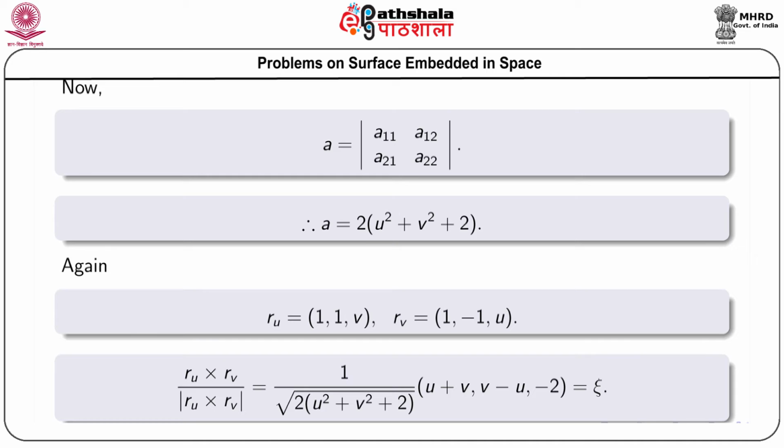So, we can find the xi, which is the surface normal, and that can be obtained by this expression Ru cross Rv by mod Ru cross Rv, because xi is a unit surface normal vector, and which is coming to 1 by root over (2 (u square plus v square plus 2)) times (u plus v, v minus u, minus 2).